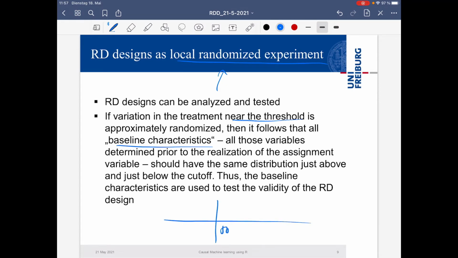Well, if age 50 is the cutoff threshold, and you're pretty close to 50, let's say 50 plus 1 day or 50 minus 1 day, these are very comparable people. So with respect to baseline characteristics, they should be similar, and then you have a control group and a treatment group that is comparable.